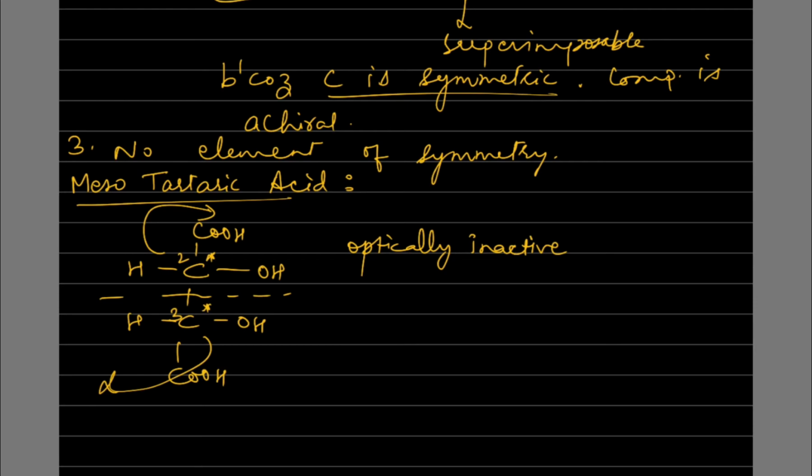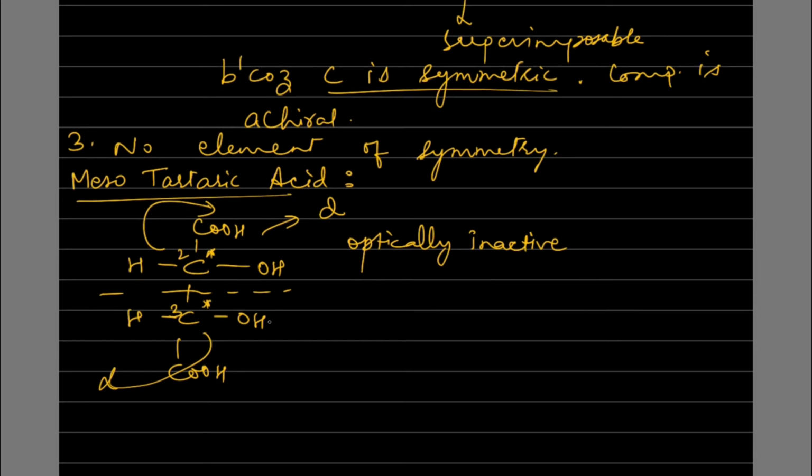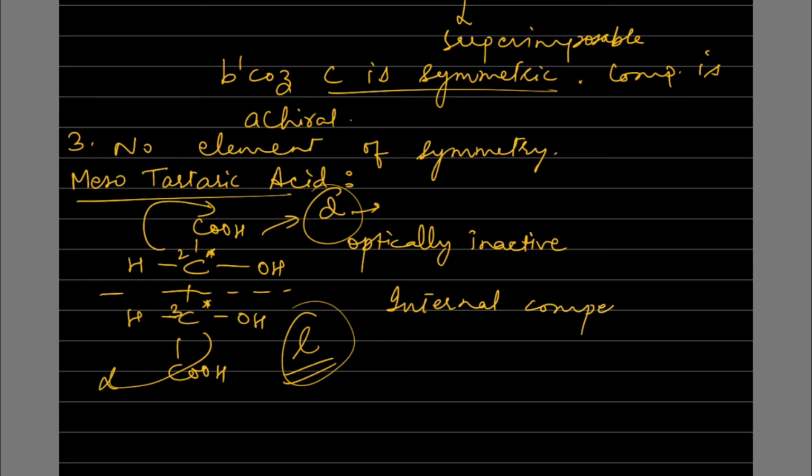If the upper half is dextrorotatory, then the lower one is levorotatory, so the dextrorotation caused by this half will be cancelled by the other half. That is how the overall compound becomes optically inactive, and this phenomenon is called internal compensation. Internal compensation is the compensation of the optical rotation caused by one half by the other half.